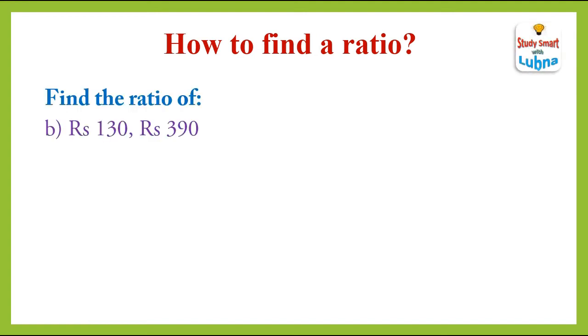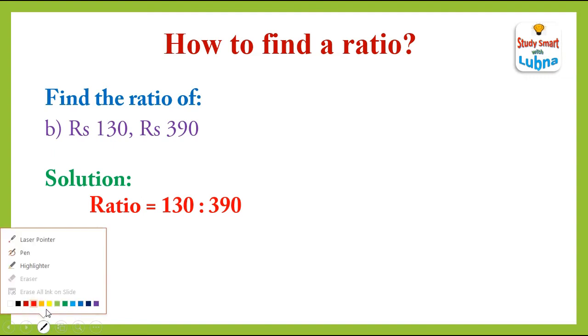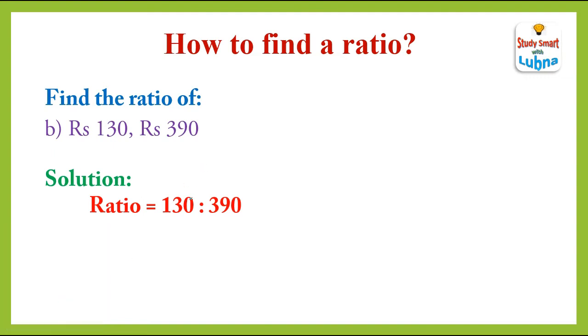Here we have to find the ratio of rupees 130 and rupees 390. These two are like quantities because their units are the same, rupees and rupees, so we can find their ratio easily. We will write the ratio as 130 is to 390. Now the 0 of 130 and 390 will be cancelled.